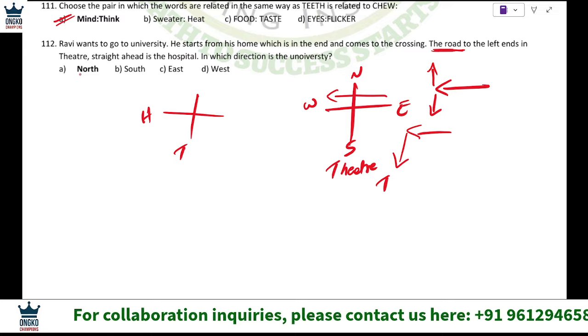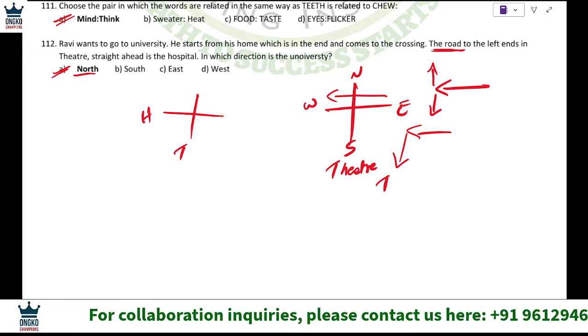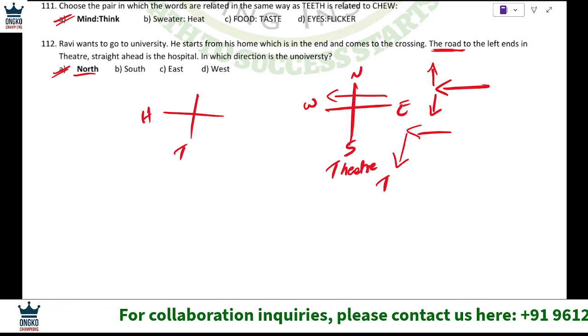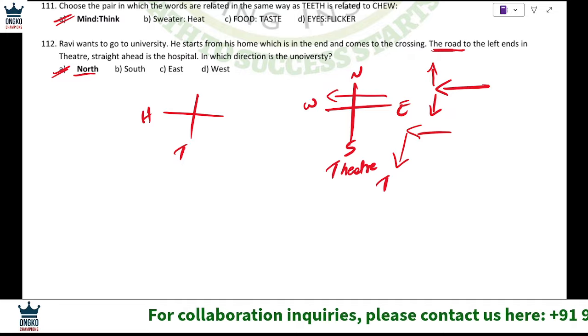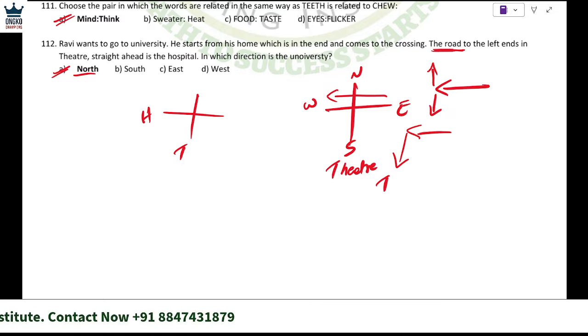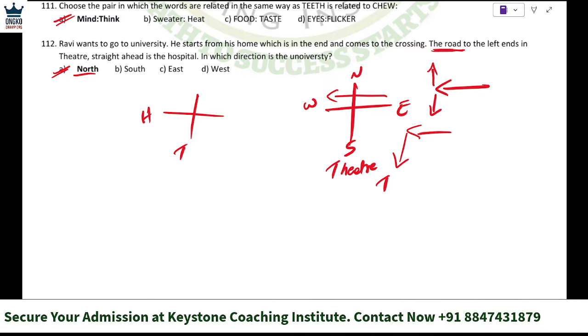Alright. So the first thing to do is we determine the initial direction in which they travel.